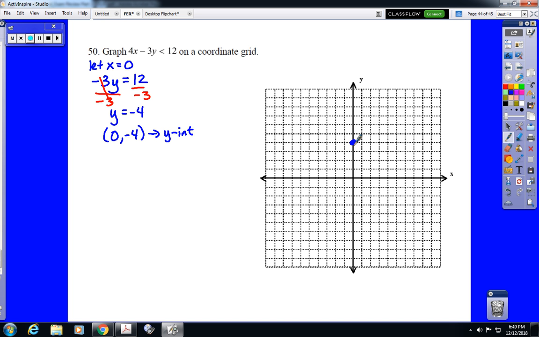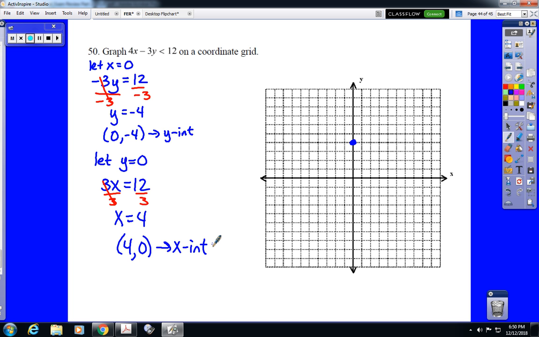Then we let y equal 0 to find the x-intercept. That would give us 3x equals 12. We divide by 3, and we get x equals 4, which means the point 4, 0 is my x-intercept.